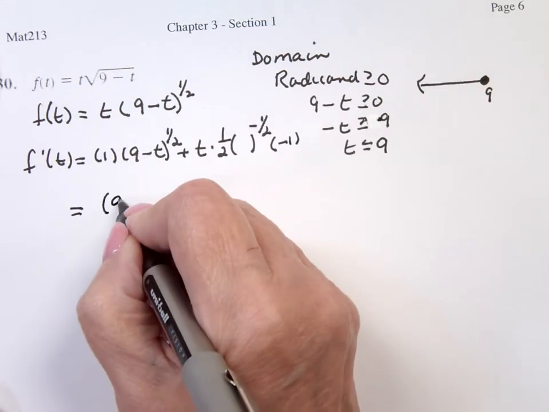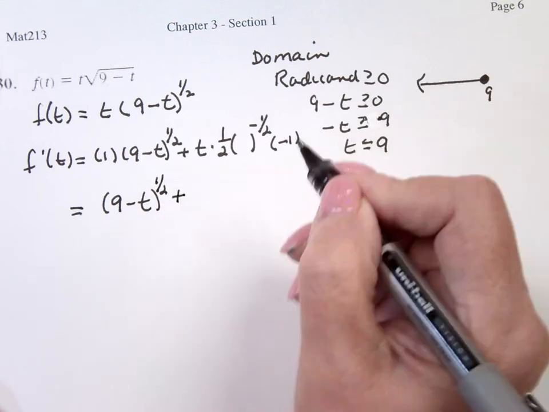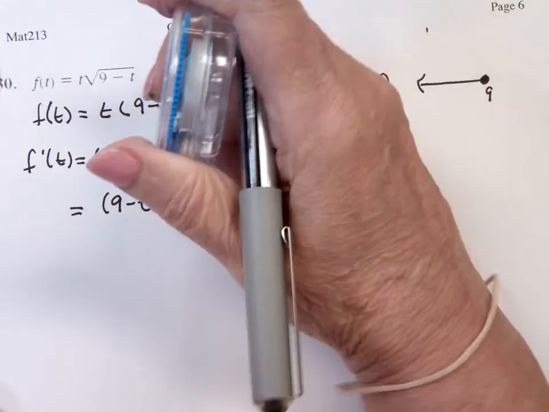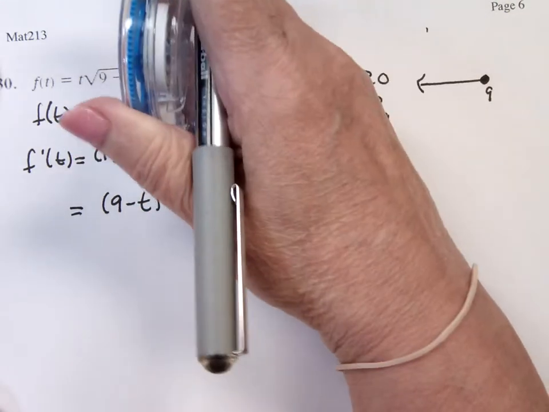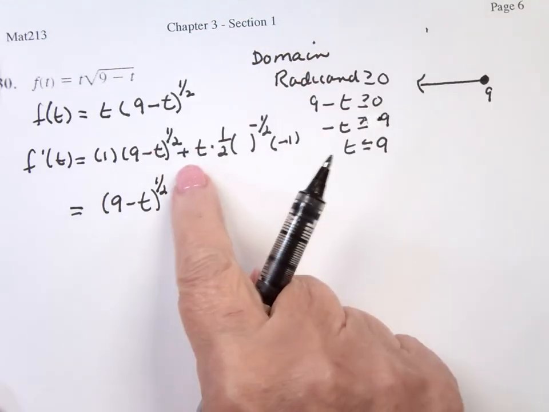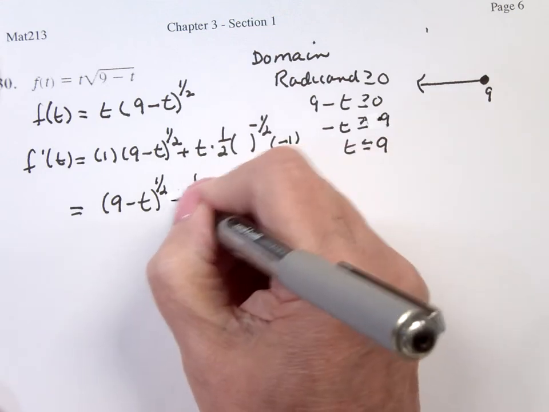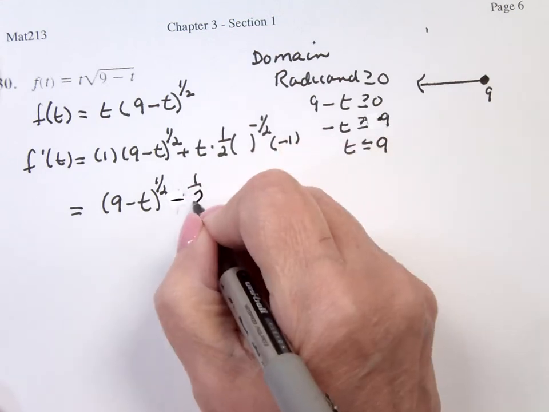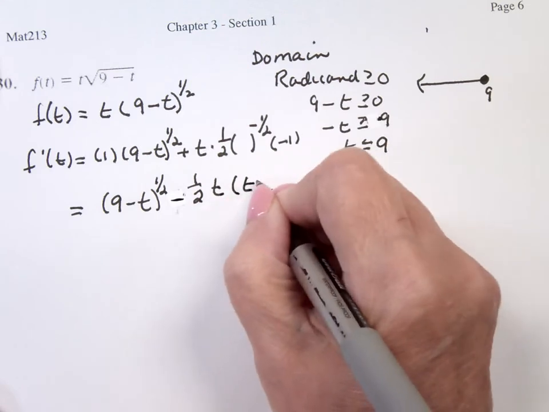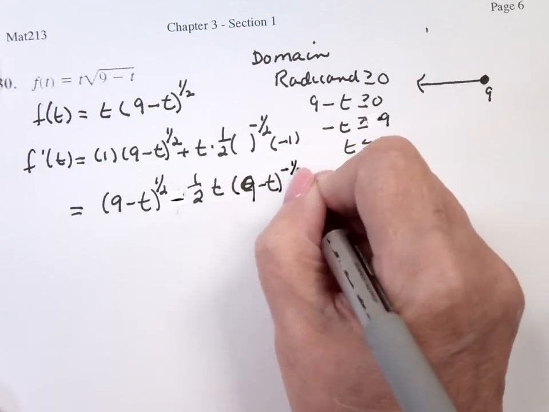So clean this up. This is (9 minus t) to the 1/2 plus 1, whoops, not plus. I just screwed up. What should that be? t times 1/2 times negative 1. So minus 1/2 t times (9 minus t) to the negative 1/2.